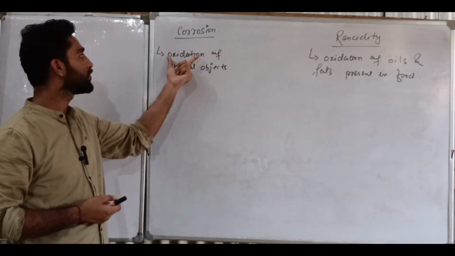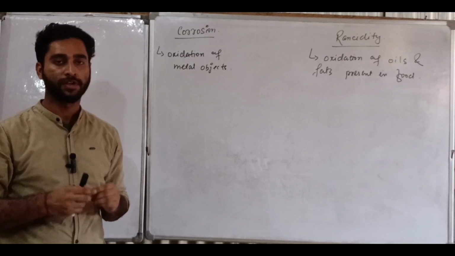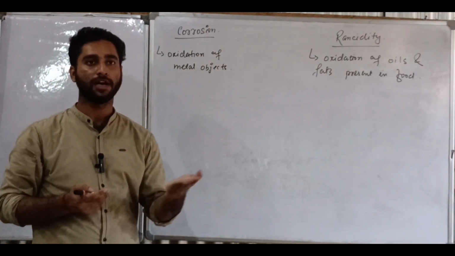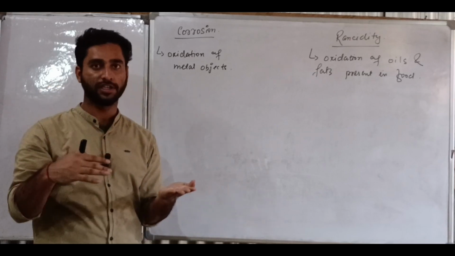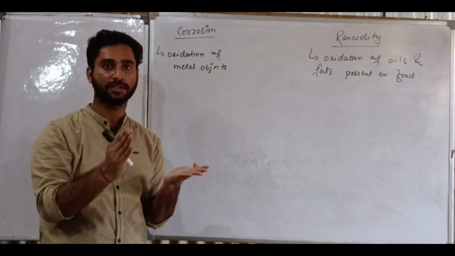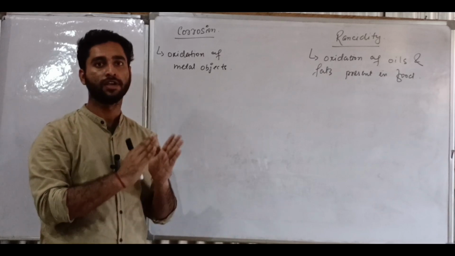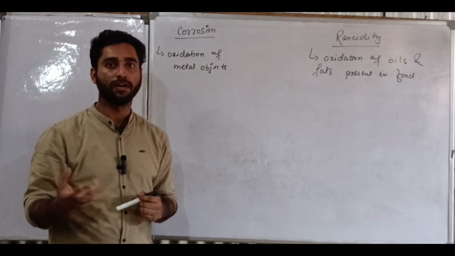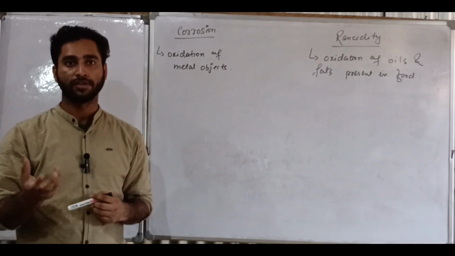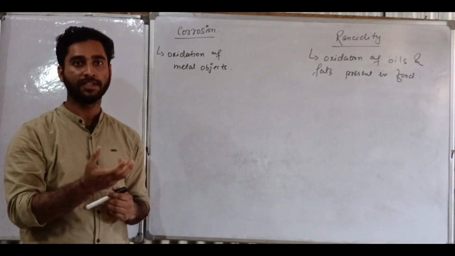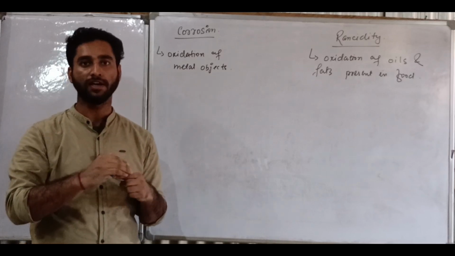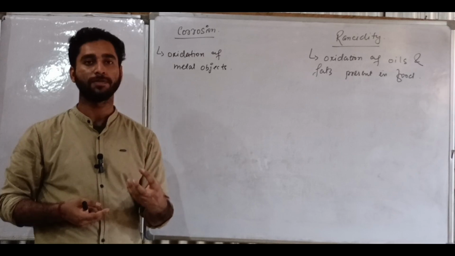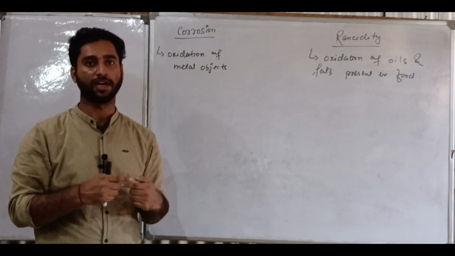And corrosion means the oxidation of metal items. Oxidation means the addition of oxygen. When we keep metal objects outside, oxygen is present in our atmosphere, and sometimes these metal objects come in contact with moisture, that is water, so they convert into their oxide forms. For instance, when we buy iron objects, when they are new we see a very shining surface, but as time passes the iron objects get coated with a layer of brown color.